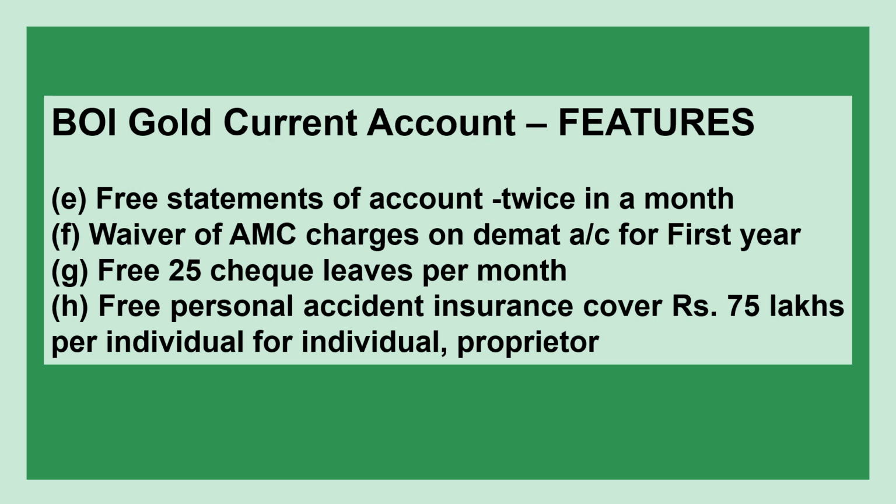Free statement of account twice in a month. Waiver of AMC charges on Demat account for the first year. Free 25 cheque leaves per month. Free personal accident insurance cover of rupees 75 lakhs per individual for individual and proprietorship current accounts.